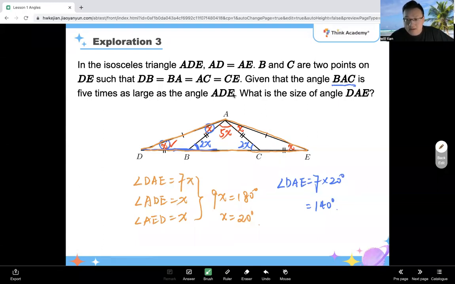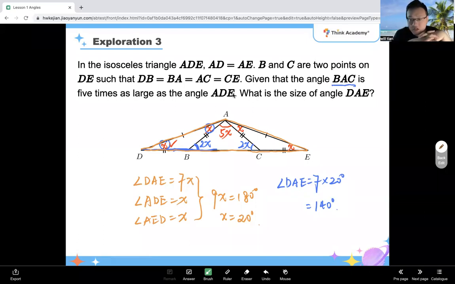Yep. So before we go to the next topic, I'd like to do some conclusion. Guys, when you see this kind of question, you don't have any information about the size of angles, but you do know some lines equal each other. That means you can use isosceles triangles to help you, because in an isosceles triangle you have 2 base angles equal to each other. Also, one more technique to remember is that when you choose some angle as 1x, choose the smallest one.